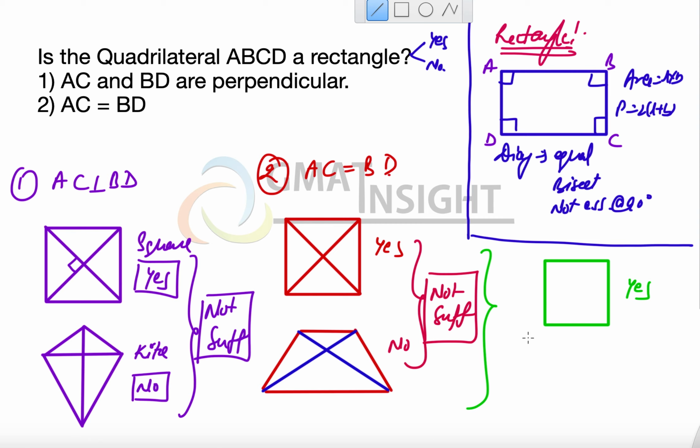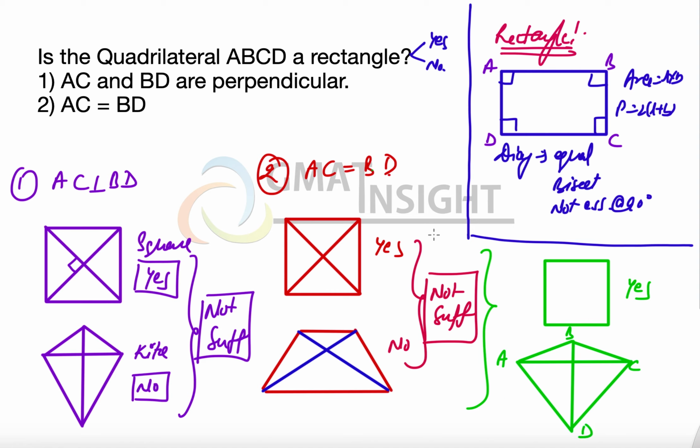So I am once again taking some inspiration from the kite figure. I am drawing the two diagonals first. I essentially have to draw two lines of equal length, and they are definitely perpendicular to each other as well. Now if we join the ends of these lines, we again have a quadrilateral which we can name A, B, C, D. AC and BD are perpendicular.